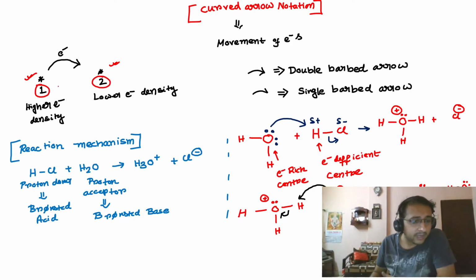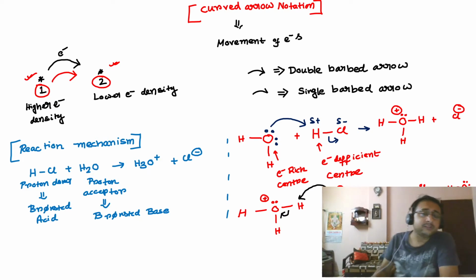In that case, there will be a movement of electrons from point number 1 to point number 2, because point number 1 has higher electron density and point number 2 has lower electron density. There will always be a tendency of movement of electrons from a point having higher electron density to a point having lower electron density.